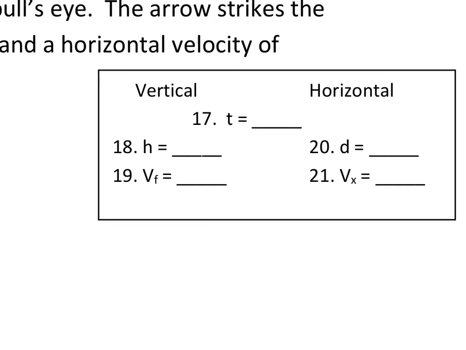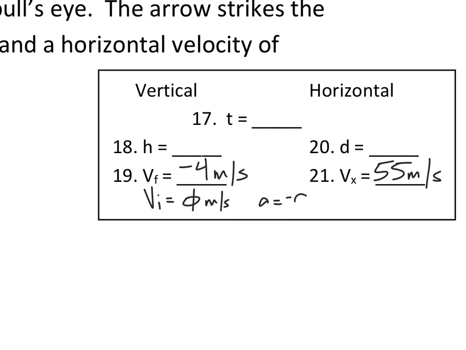So let's see, I have the horizontal velocity was 55. And the vertical velocity downward was a negative 4 meters per second. Now it's not written here, but I know the initial velocity at the top of its path is 0. And I know that gravity is pulling it down.